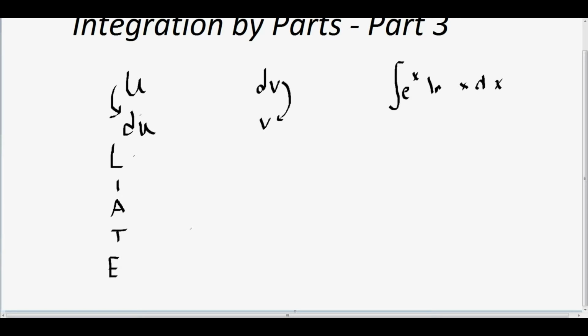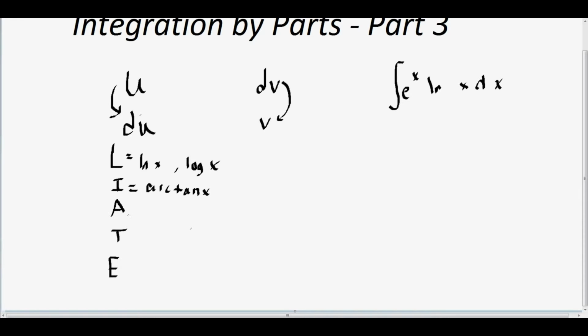L stands for logarithmic, so this could be ln x, log x, or anything involving a logarithmic function. I stands for inverse, like inverse trig, let's say arctan x or arcsine x.